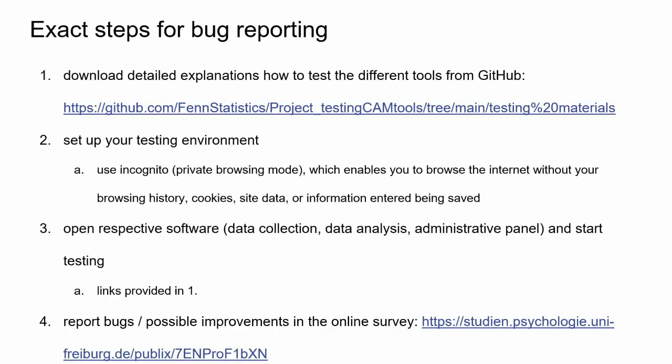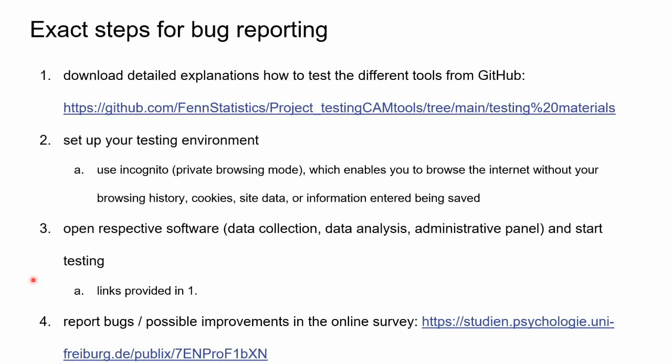Now, what are the exact steps to report bugs? First, I would like you to download the detailed explanation how to test these three different tools from my GitHub page. Then, to set up your testing environment, I would like you to use the private browsing mode of your browsers, so that your testing is not affected, for example, by your browsing history.